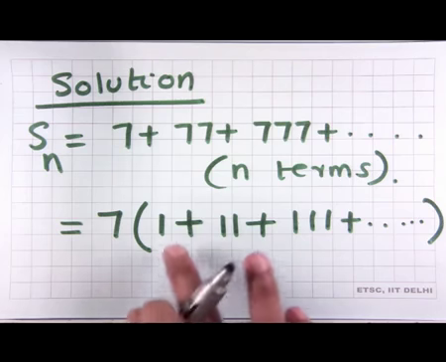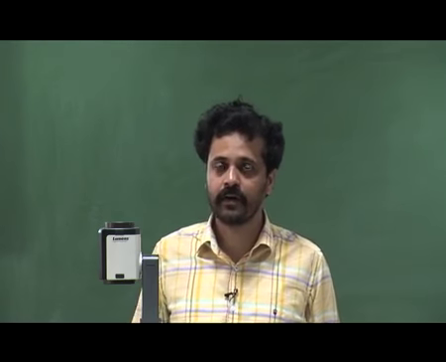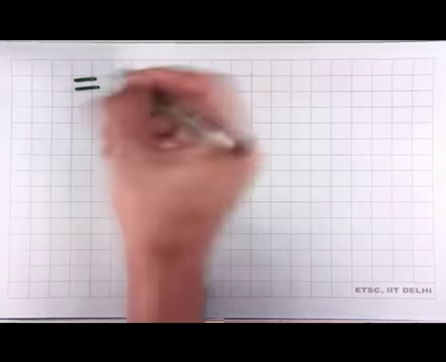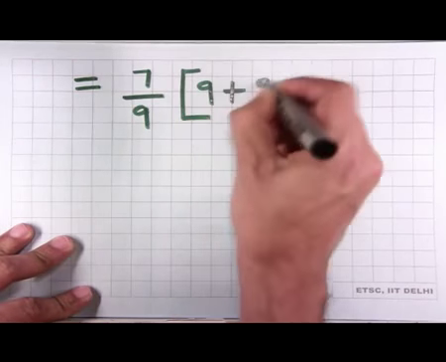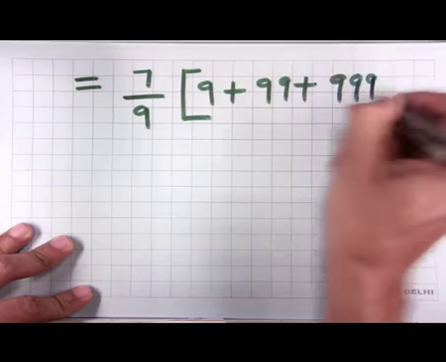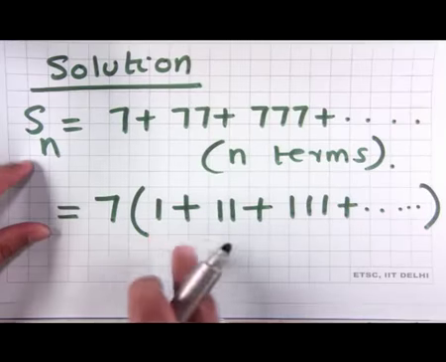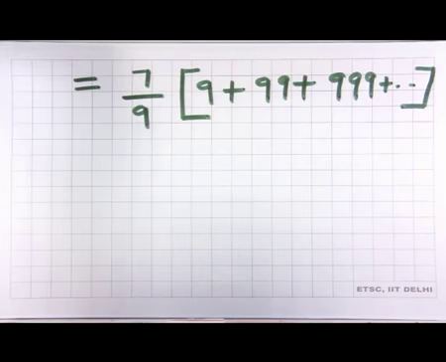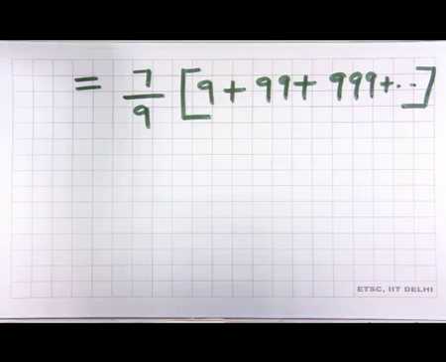However, the sum inside the bracket is not the sum of terms of an AP or a GP. So, the issue remains. Let us multiply by a 9 and divide to nullify the effect. Thus, the given sum takes the form 7 by 9 into 9 plus 99 plus etc.